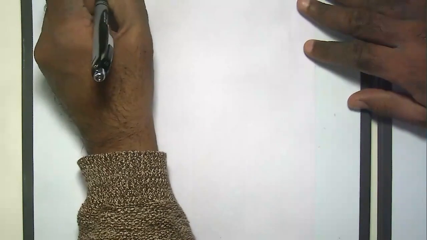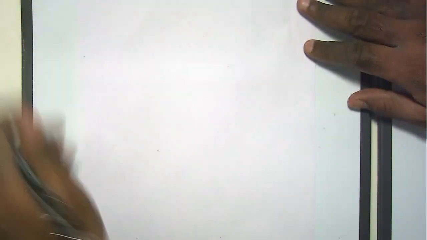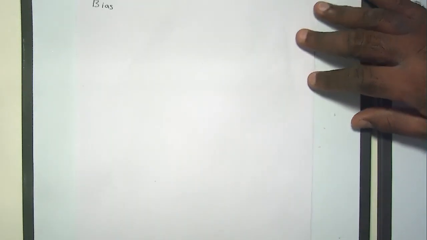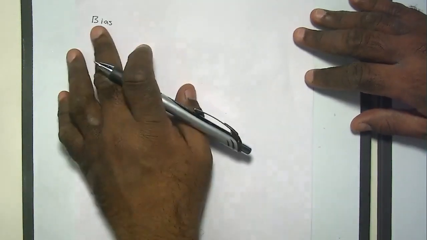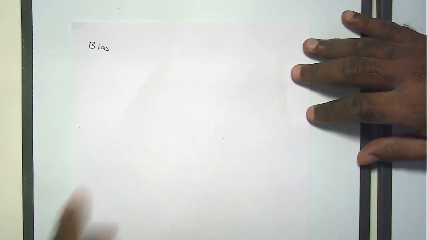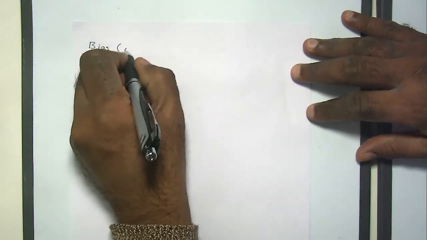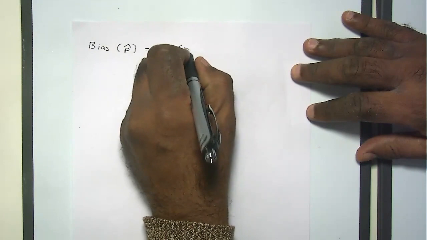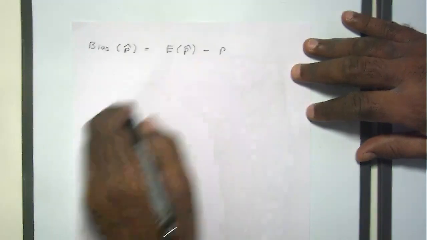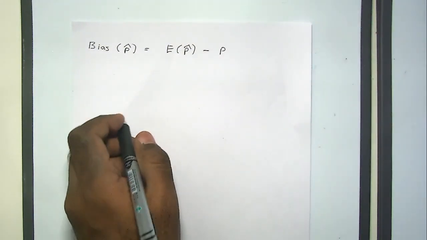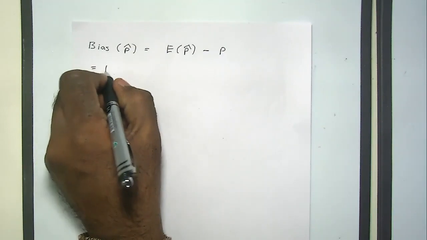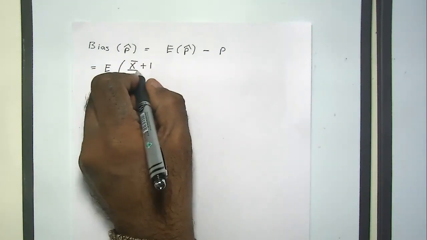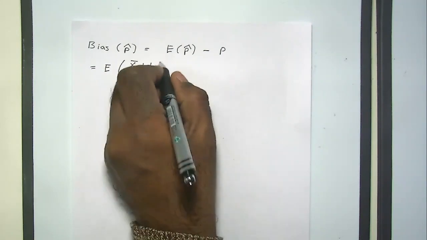So the bias of P hat, can you see this? The bias of P hat is the expectation of P hat minus the parameter that you are trying to estimate, which is the expectation of (x bar plus 1) divided by (n plus 2) minus the parameter.